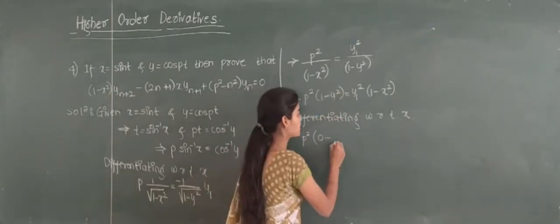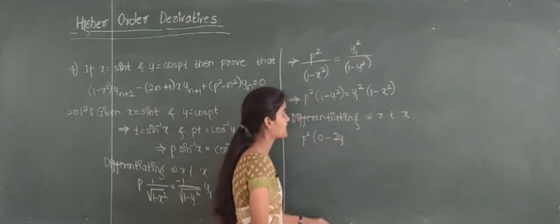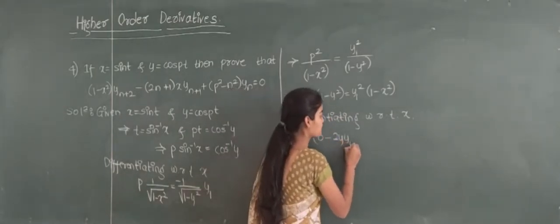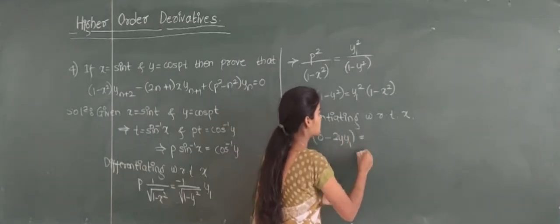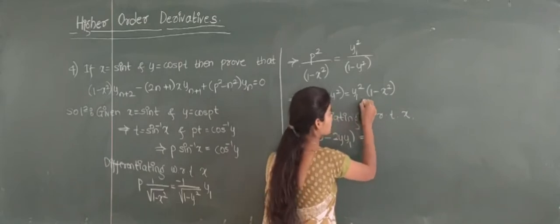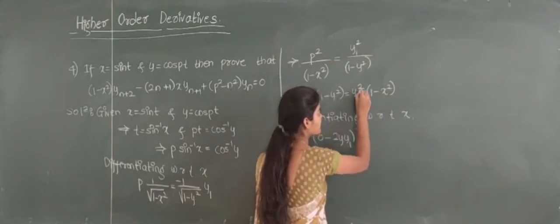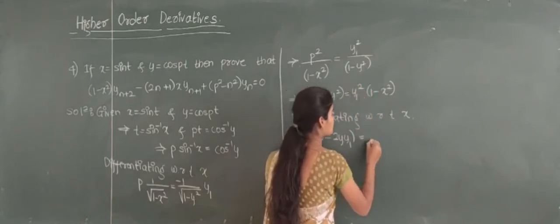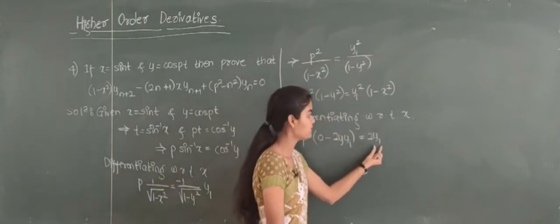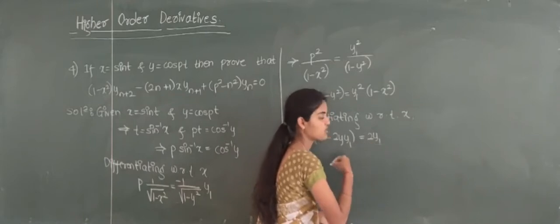Y square differentiation is 2y, and again y differentiation, in this example we write that as y1. So this is the LHS differentiation. Again here y1 square, the u into v formula we have to apply. First I will differentiate this. Y1 square is 2y1. And again 2y1 into this term differentiation we have to take.